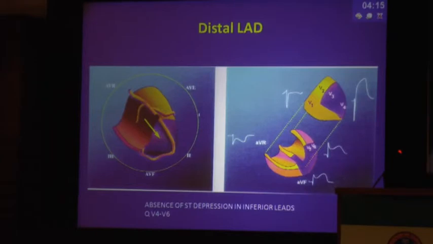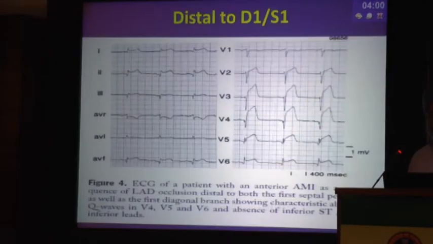Now, if the block is distal, beyond S1 and beyond V1, beyond the first diagonal, what will it show? Now, the axis of the ST segment is pointing downwards. So you are not going to have ST depression in lead 2, 3, AVF here. Now, look at this ECG. It's an anterior wall infarct. It has ST elevation in the anterior leads, but you are not having any ST depression in inferior leads.